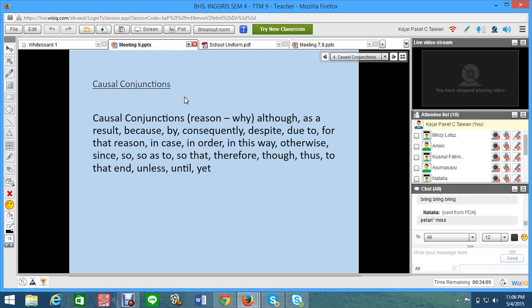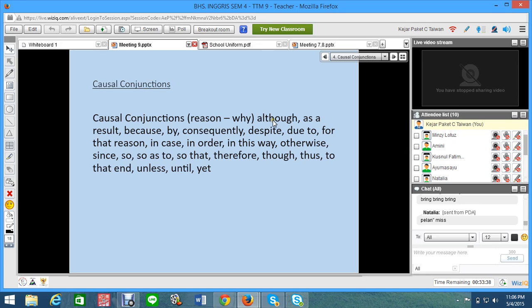Jadi one of the language features, kan setiap teks itu ada generic structure, ada language features-nya. One of the language features that we find in analytical exposition is causal conjunctions. Causal itu cause, penyebab, why.